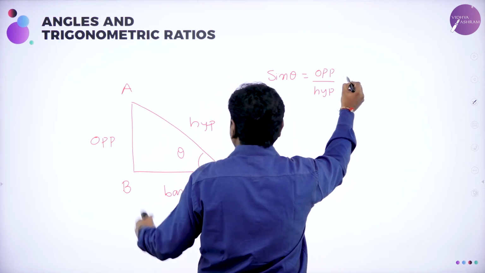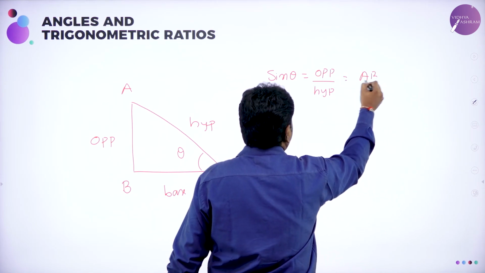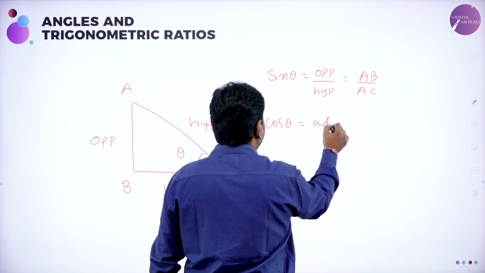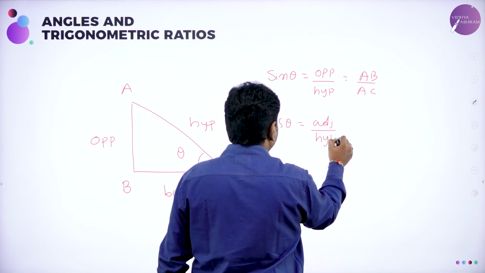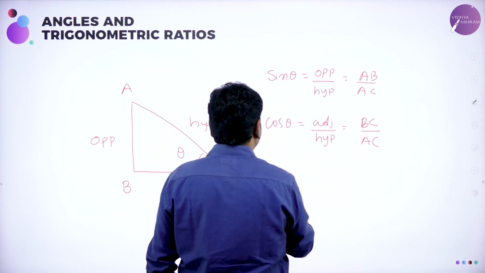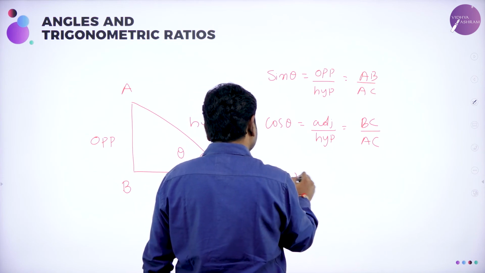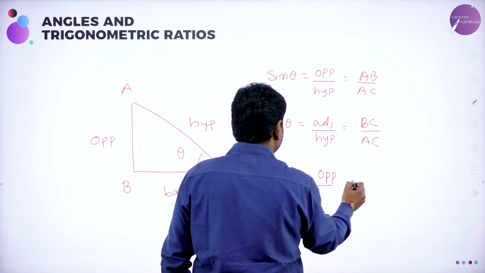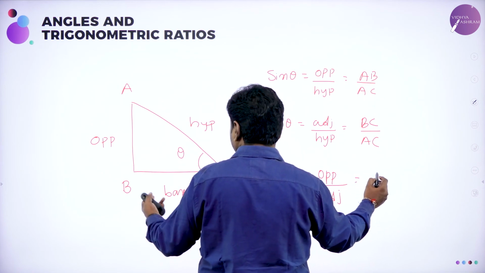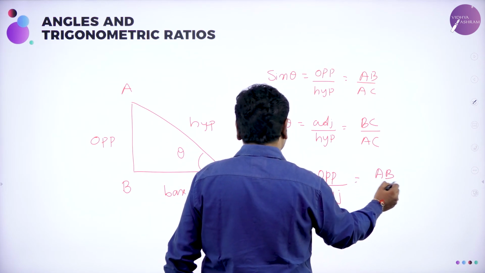So in this triangle, it is AB by AC. What is cos theta, dear students? Adjacent by hypotenuse. In this triangle, it is BC by AC. And what is tan theta? Opposite side divided by adjacent, or opposite by base, we can say. Base or adjacent, both are same. That is AB by BC.